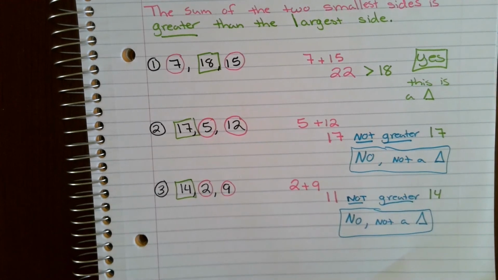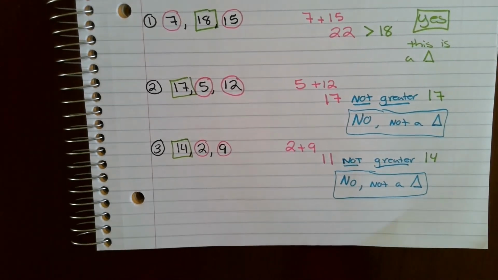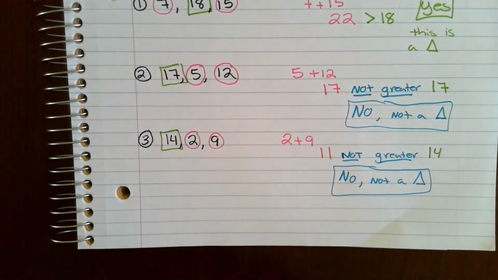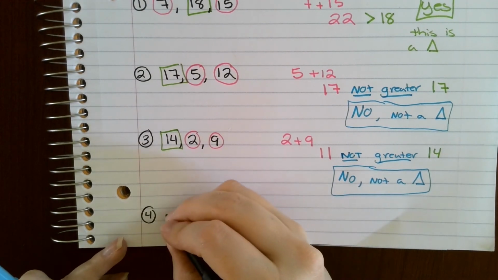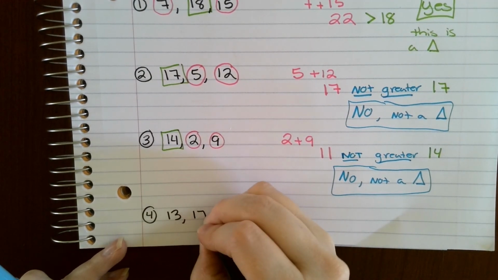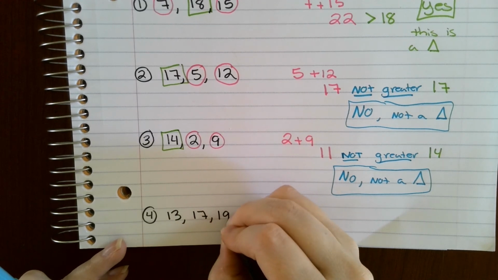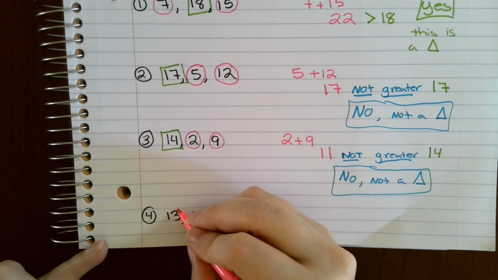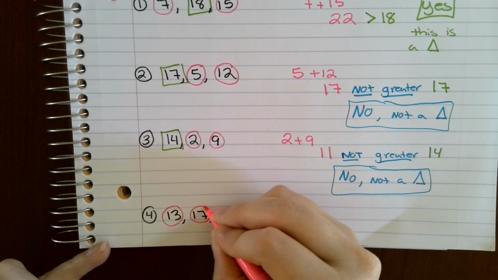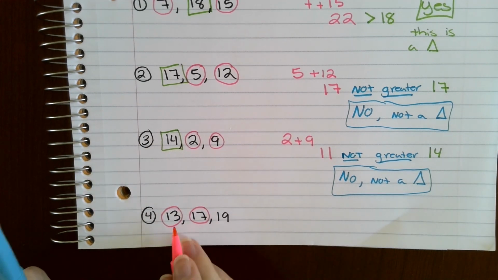Okay, we'll do one more example. We have 13, 17, and 19. My smallest sides are 13 and 17. Those are my shortest lengths.